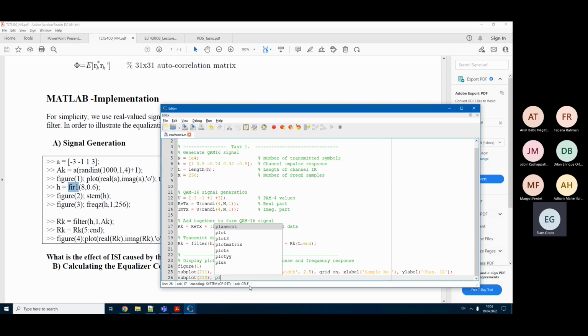So here we are going to use plot function because we want an uninterrupted line starting from 0 to m minus 1 divided by m. Yes.